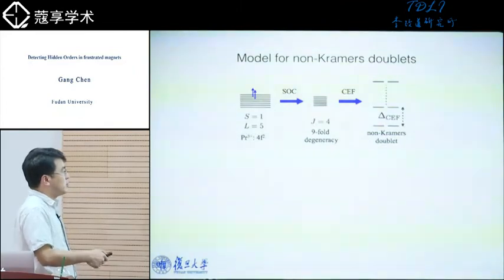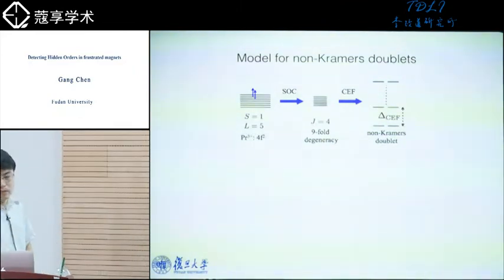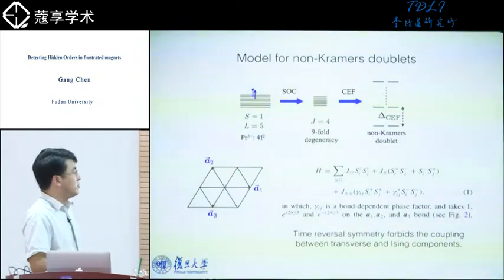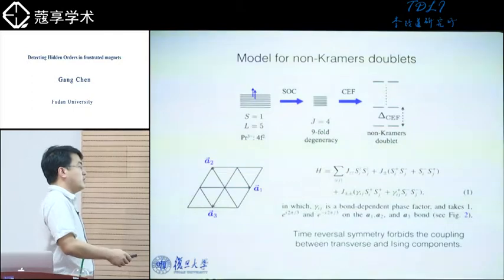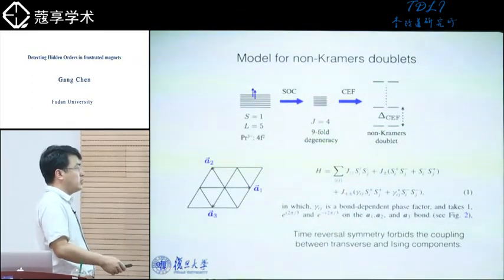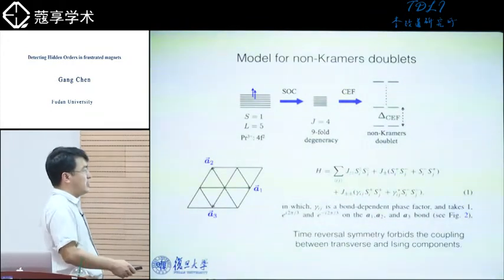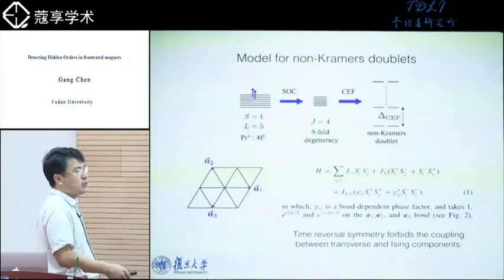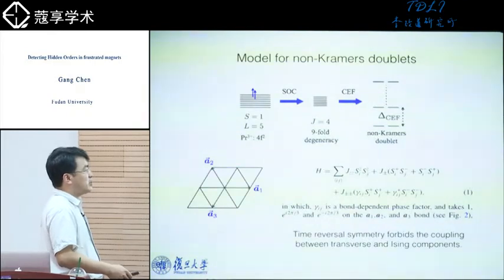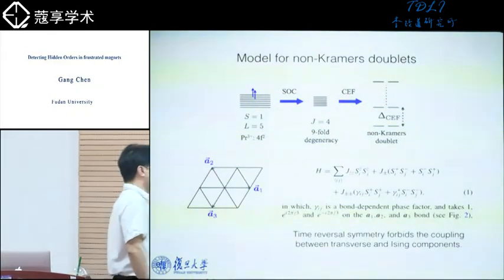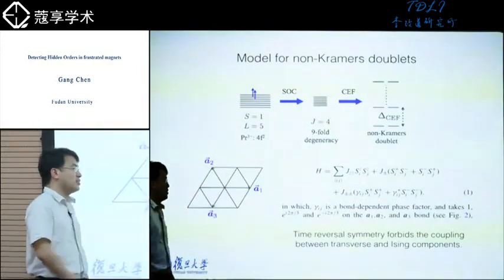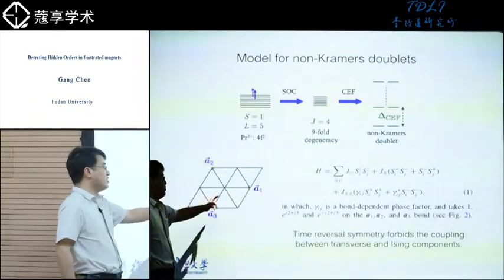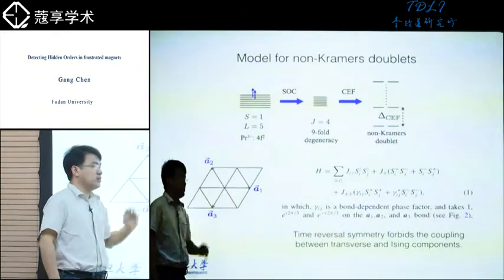Because of that, the effective model describing the interaction between these local moments is a highly anisotropic one. It has both the XXZ part and a bond-dependent part. This gamma_ij is a bond-dependent phase variable, so it takes different values for these 3 different bonds.